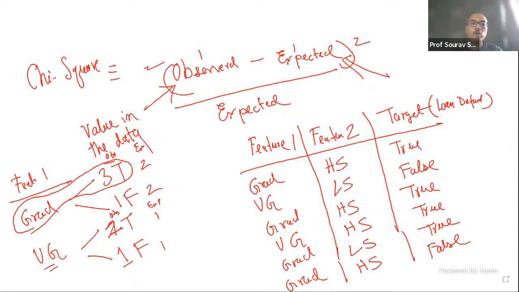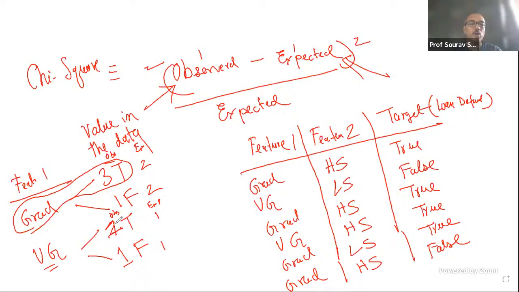Question from someone? So Kunal is asking, how did we arrive at the expected value of 2? Kunal, I have repeated it. There are 4 examples for the graduate cases. Observed is the actual distribution of the 4 cases, but expected is based on the number of classes you have here.